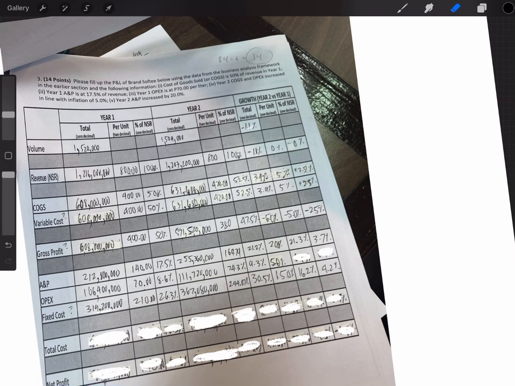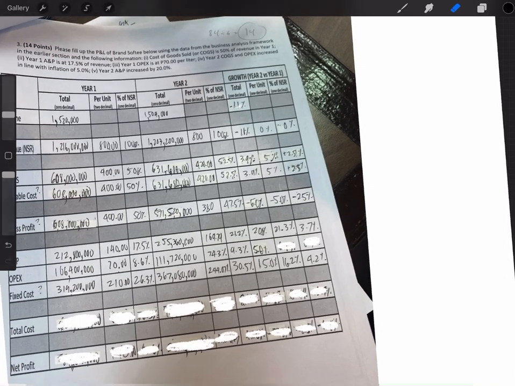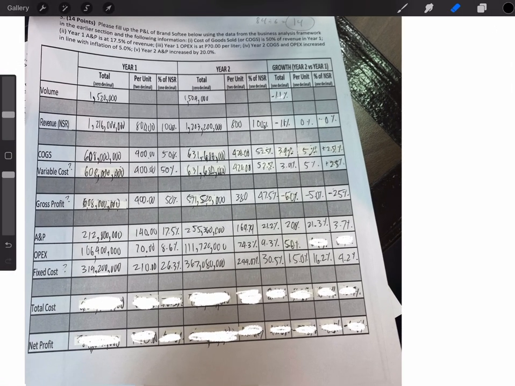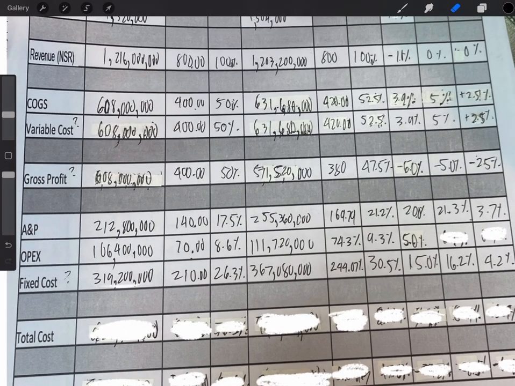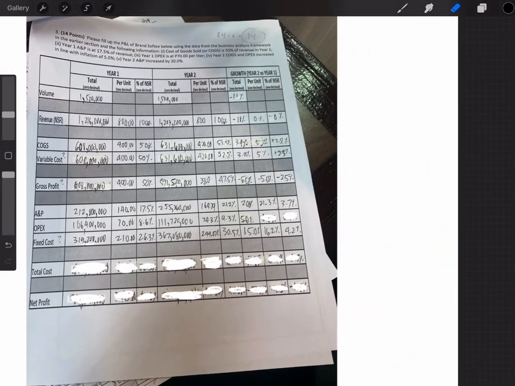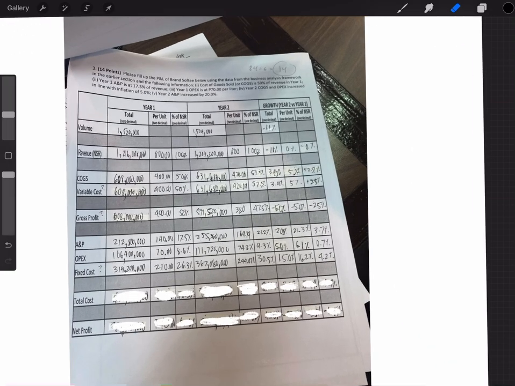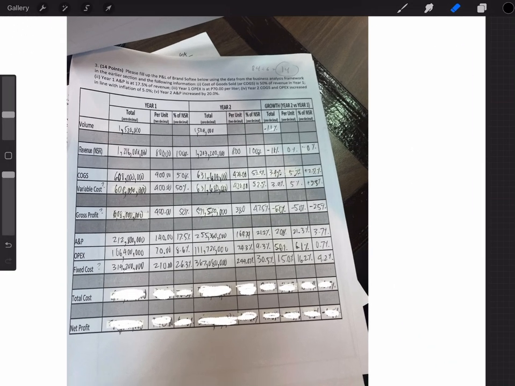Clear the computation at the bottom, because basically all it is just adding. You're adding your add-in promo and your operation expenses, and it gets you your fixed cost. So with the fixed cost, you're going to want to add that to the cost of goods sold, because those are your total costs.